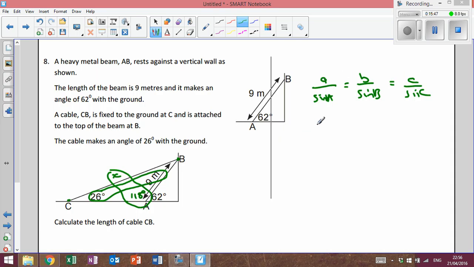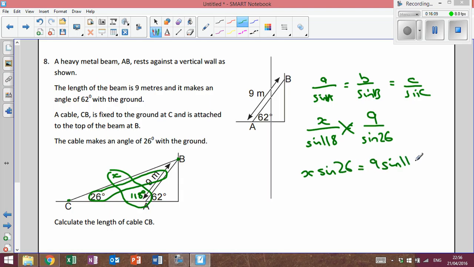So that means our sides go on the top in our pairs. So we're going to have x over sine 118 equals 9, because that's the side, over sine of the angle, which is sine 26. Then we cross multiply. So x sine 26 is equal to 9 sine 118.